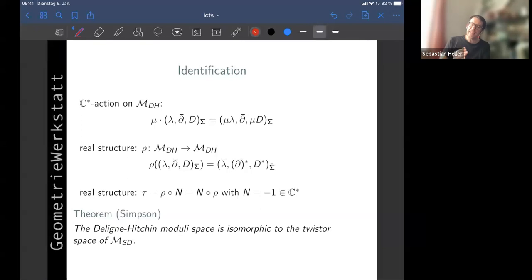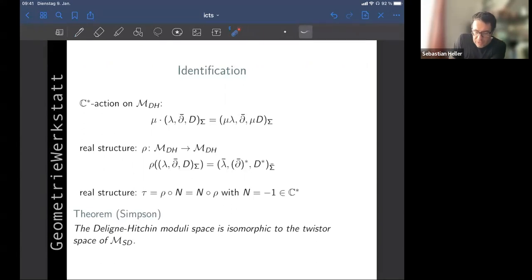So there's a complex analytic way of describing the moduli space, which is not very explicit, but still we have a nice complex analytic way using this notion of lambda connections. As a complex manifold, it's just the moduli space of lambda connections, and we have to specify what the real structures are, and they are also quite natural.